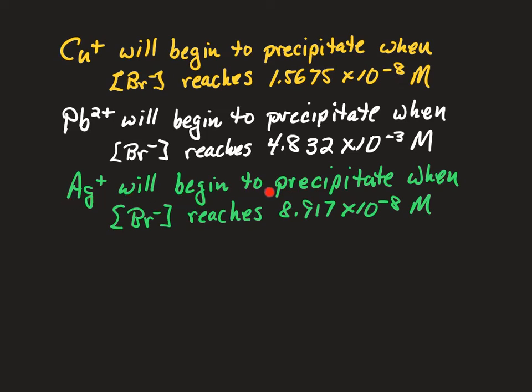And silver ions will begin to precipitate when bromide ion reaches about 8.9 times 10 to the minus 8th molar, which is a little bit higher than the copper value. So copper ions will precipitate first at the lowest concentration of bromide ions. Silver ions will precipitate second, and then lead ions will precipitate third.